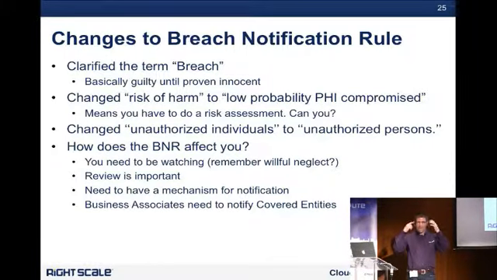So the way I mentally picture it is, you've got a cross-site scripting vulnerability that can be used to leverage a SQL injection to expose protected healthcare information. And you've got another cross-site scripting vulnerability that can be used to leverage a SQL injection. Those are two vectors into the same thing. Those are two different instances. So you could be fined up to $1.5 million for each one of them.